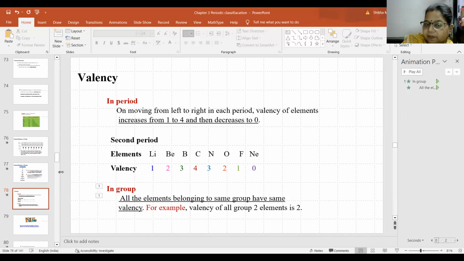Now, talking about valency, it should not be asked because we are in the era of oxidation state, but still, valency of group 1 and group 2 and oxygen and fluorine, whatever you know is fine, right? Most of them you know.